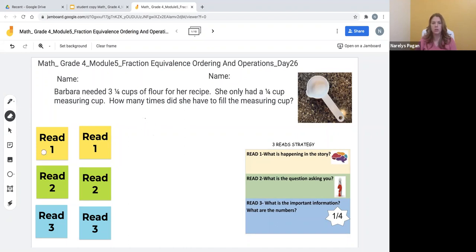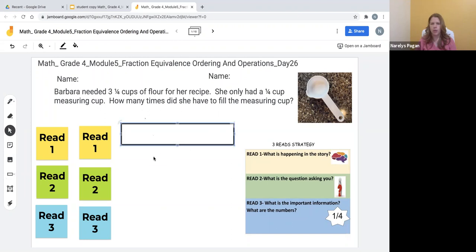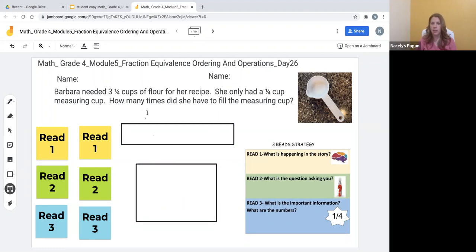You may also use additional sticky notes right here, or you might want to draw. You might want to click on the shapes feature so that you can draw a tape diagram. Or you may select to draw an area model to show your work today. And finally, don't forget to label using a text box.